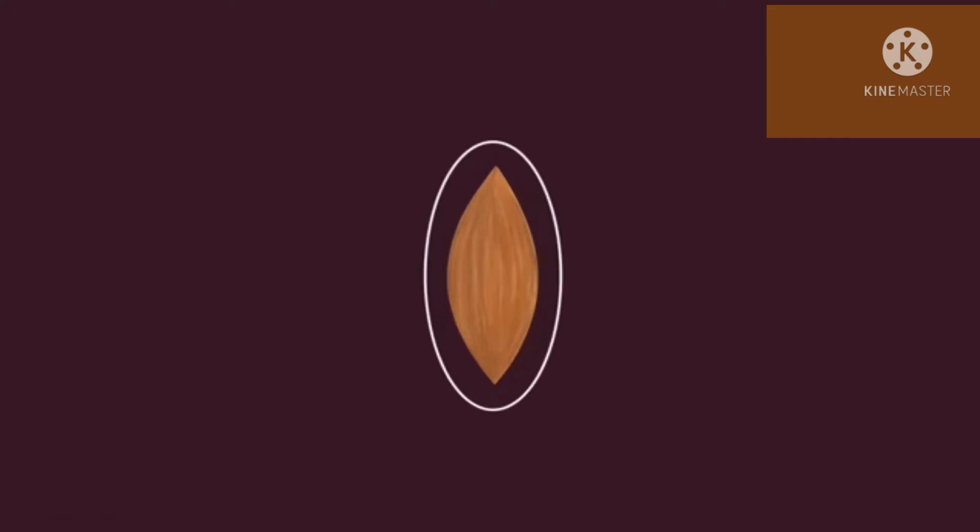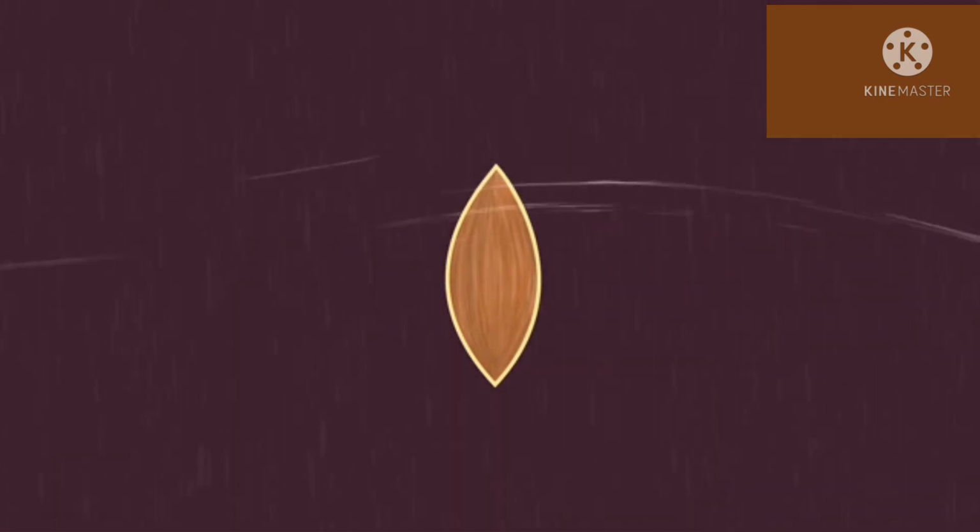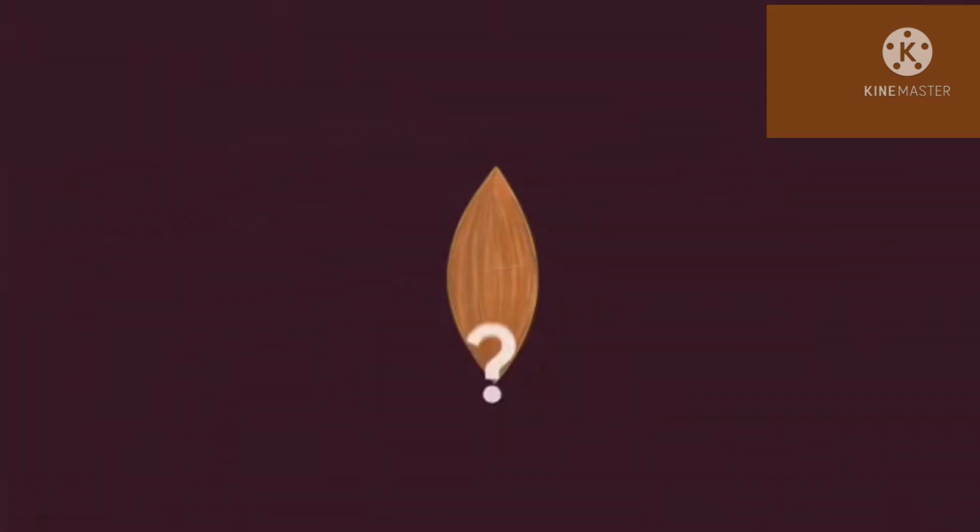The plumule is the baby plant, and then the radicle. Clear? The endosperm acts as a nutritive tissue for the growth of the embryo. When the seed gets suitable conditions, it will start to germinate.